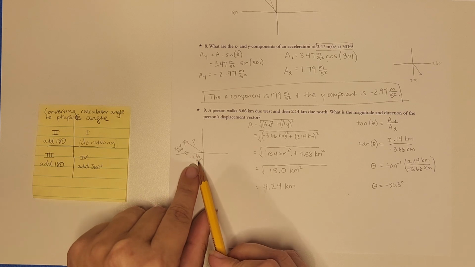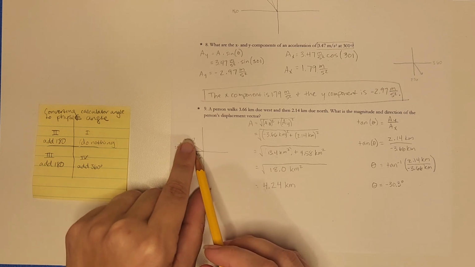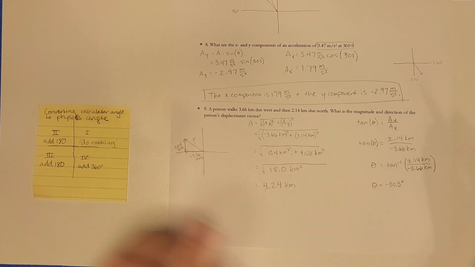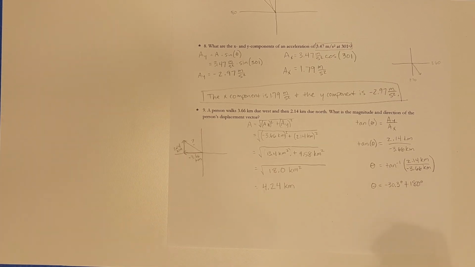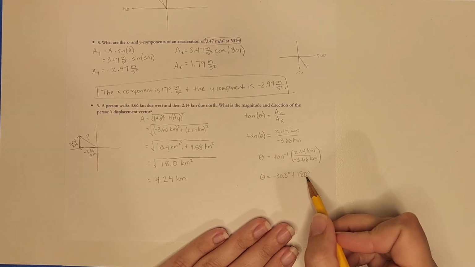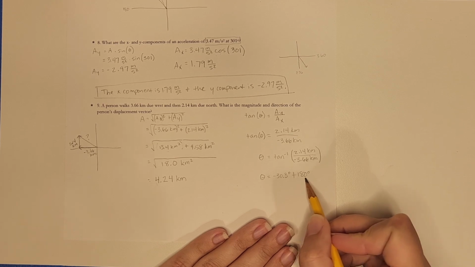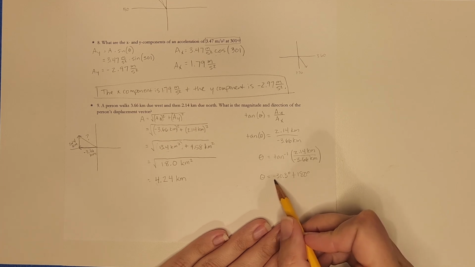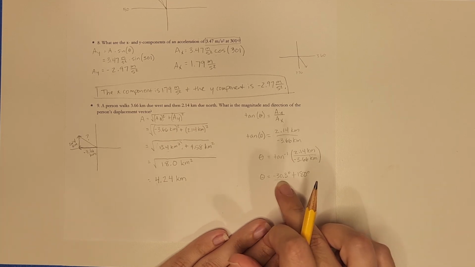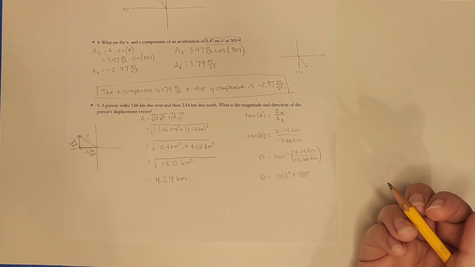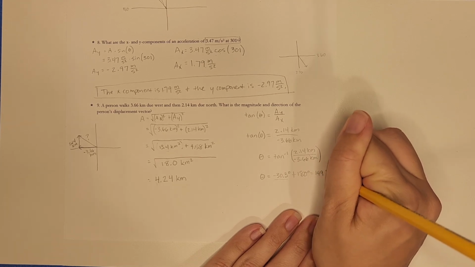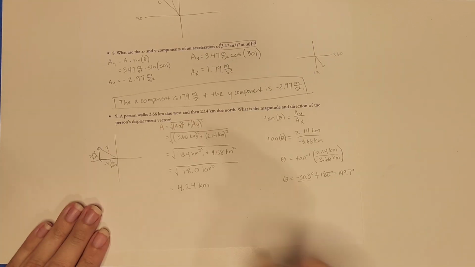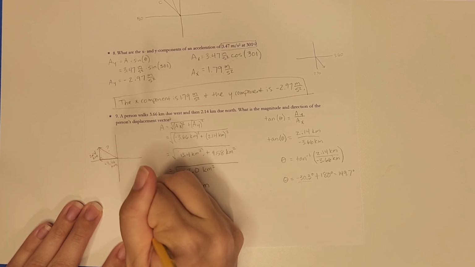We have a negative x value and a positive y value, and that equals quadrant 2. So we're going to add 180 degrees to this. And when we're determining significant figures, this 180 is an exact number, so it plays no role in determining any significant figures. The significant figures are still completely based off of this number. So when we add 30.3 plus 180, we get 149.7 degrees.